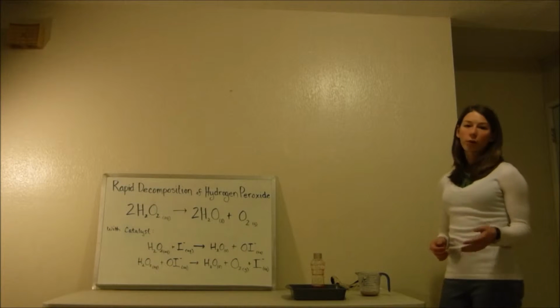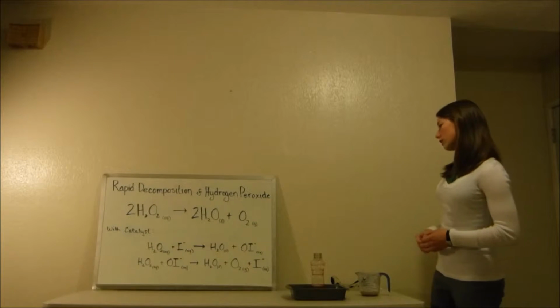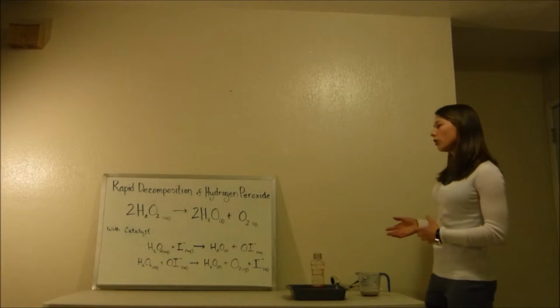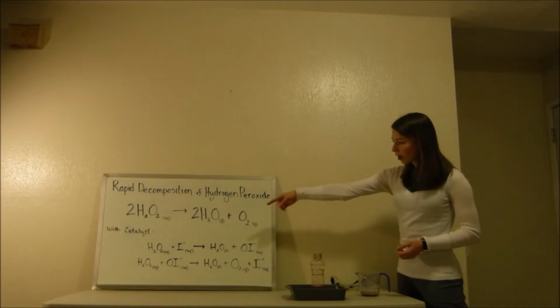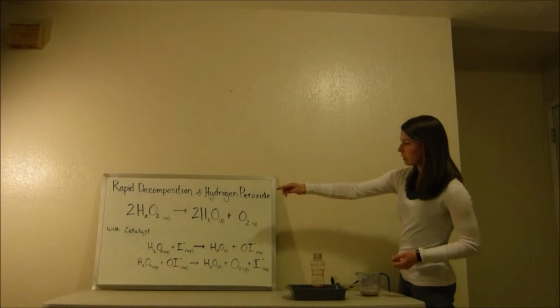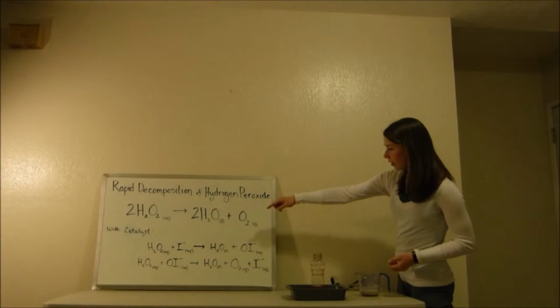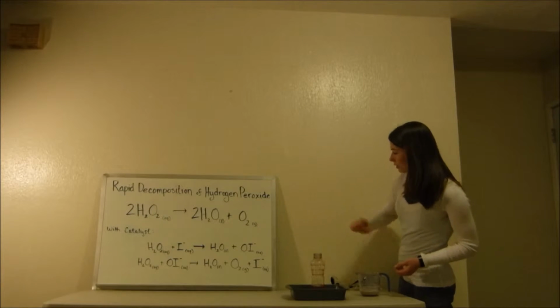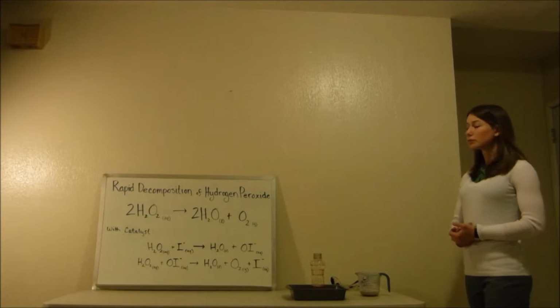The cation does not participate in this reaction, but the anion does, which we can see through these chemical reactions here. To simplify things, you can see that we start out with hydrogen peroxide on the far left and our anion, and at the end we finish with liquid water, oxygen gas, and our very same anion.